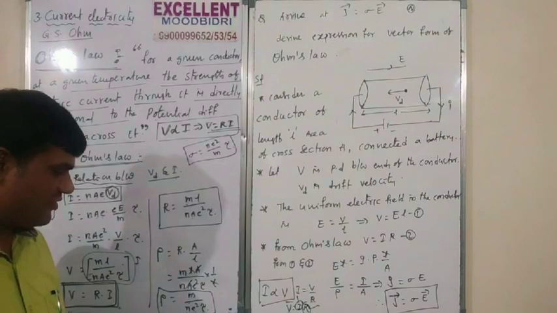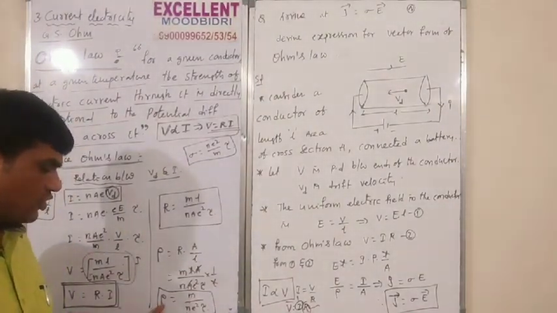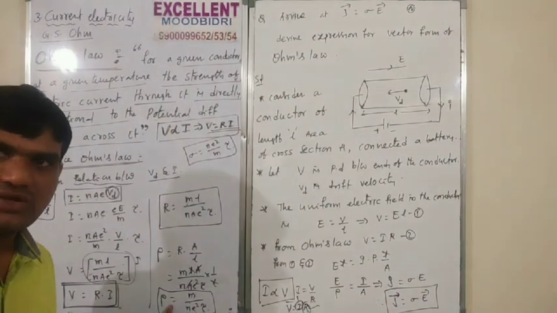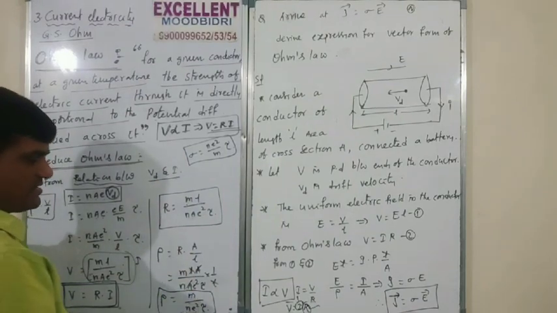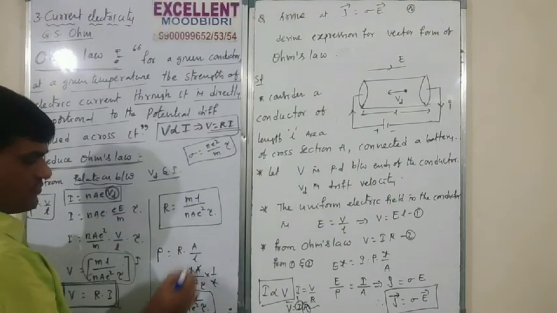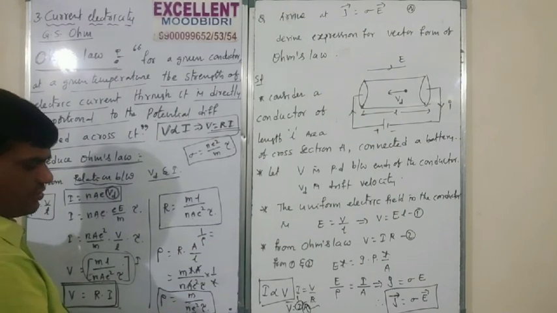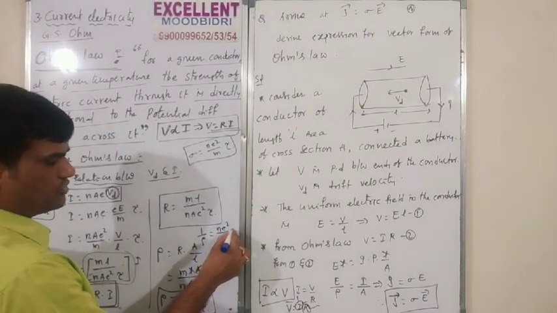Then, you know the formula already: 1 by rho means sigma. So sigma is equal to 1 by rho. If I write the reverse, 1 by rho is equal to n e square by m into tau.